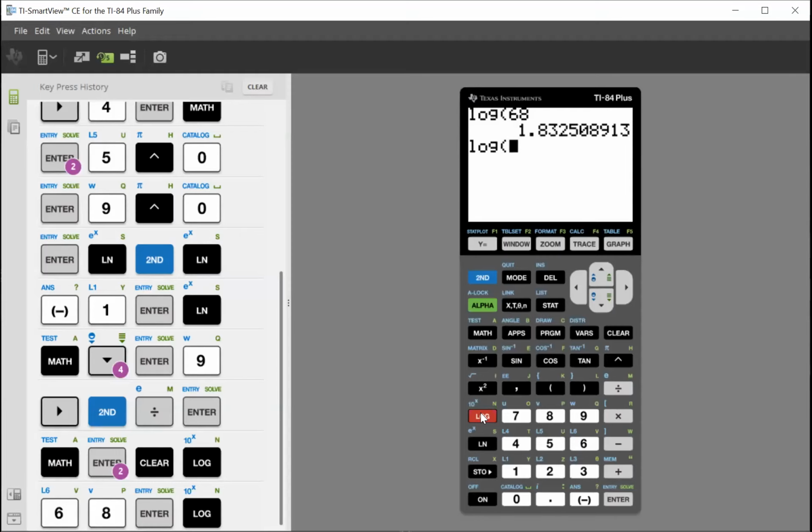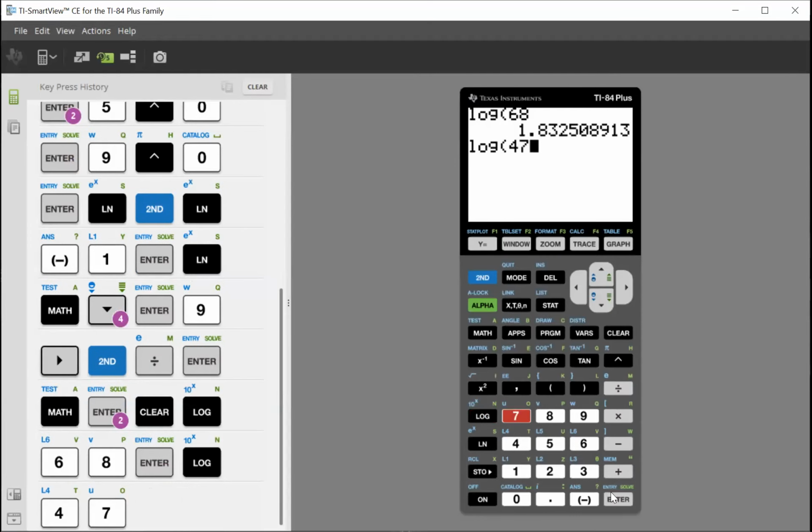I'm going to hit that log button and I'm going to put in my 47 and enter. All righty, y'all. So I got a 1.6720. Are you keeping that a 0 or would you make that a 1? Round it to 1. Round it to 1 because it's got that 9 after it.